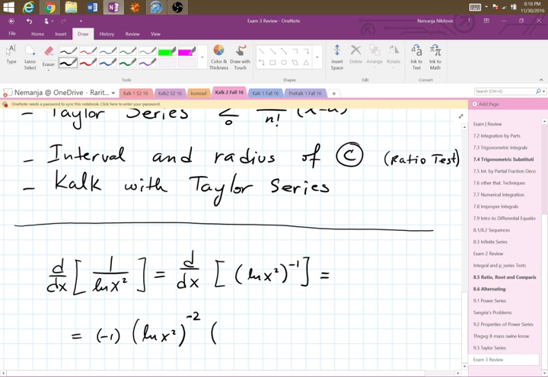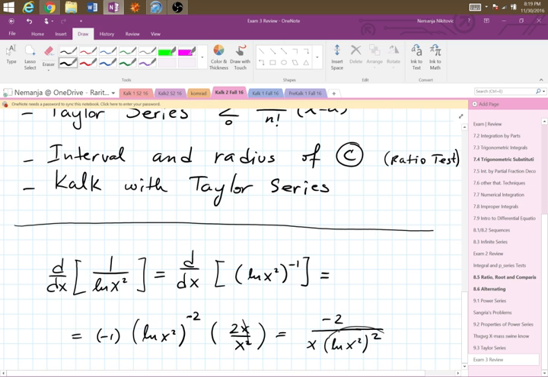Then the derivative of the inside is 2x over x squared. One of the x's cancels, and we have negative 2 divided by x ln x squared.